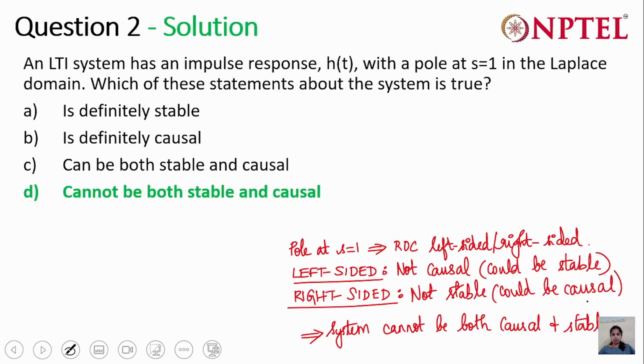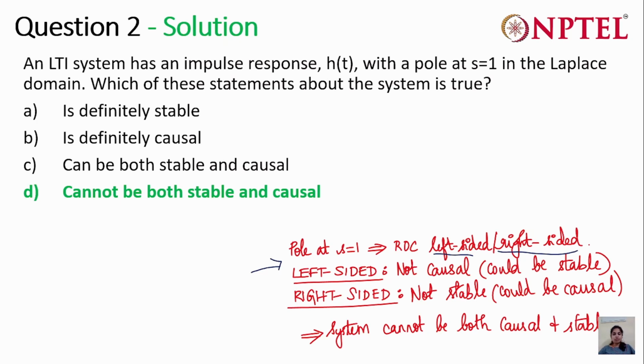Yeah. So how do we approach this is as we told previously, we have a pole at s is equal to 1. So the ROC can either be left sided or right sided. If by chance we consider the ROC to be left-sided, we know that it is not causal for sure, but the system can be stable.